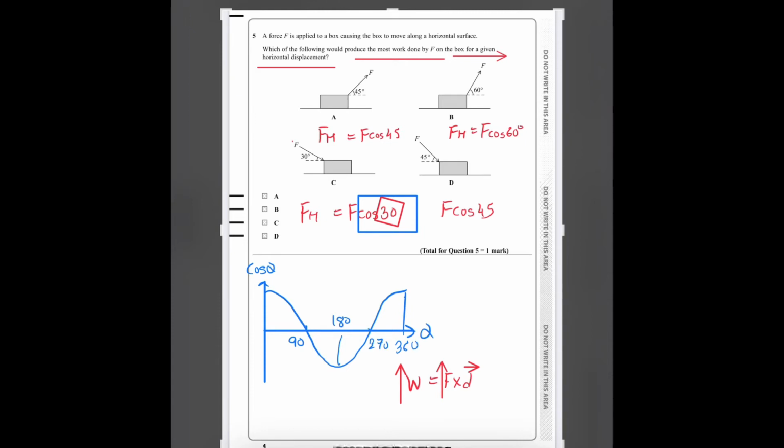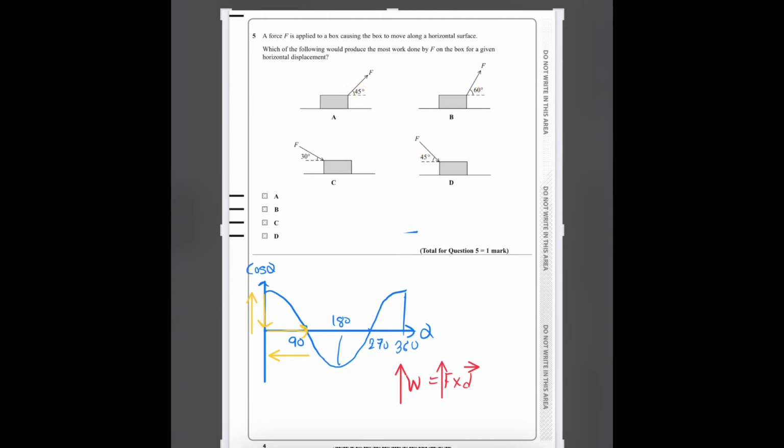So we can clearly see that from 0 to 90, when the value of theta is increasing, the value of cos theta is decreasing. So lower the value of theta, higher the value of cos theta. So what is the lowest value from these diagrams? 45, 60, 45, 30. So 30 has the lowest value. Since it has the lowest value, it will cause the highest value of cos theta, thus the highest value of force.